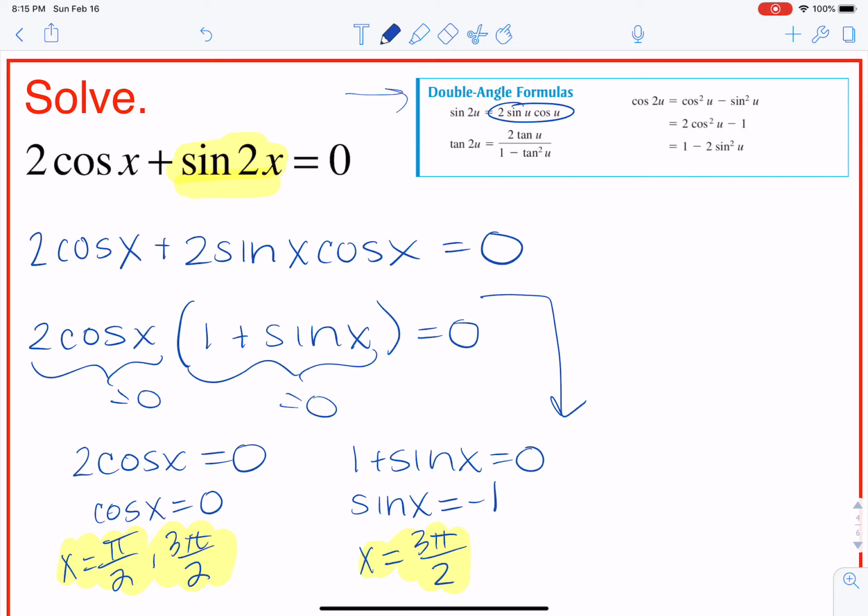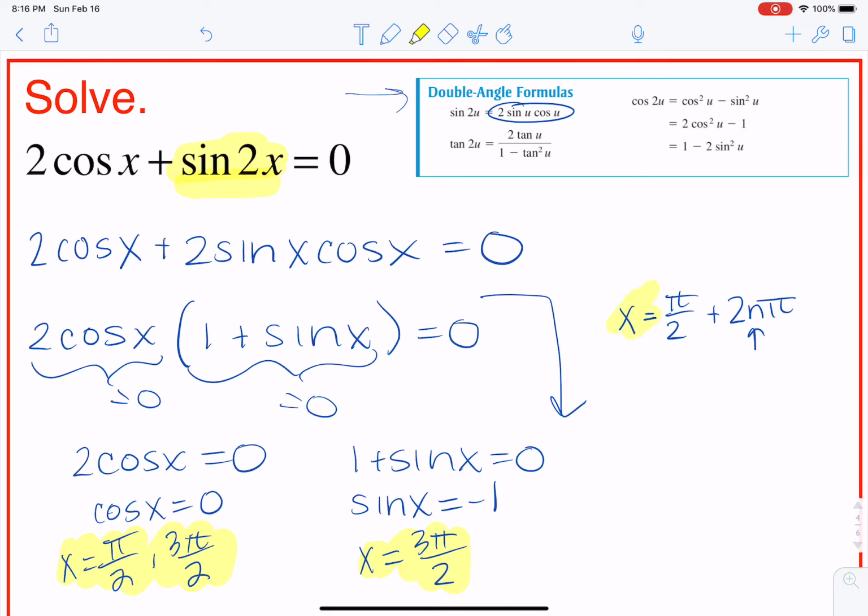So we say that we have a general solution where x is equal to pi over 2 plus 2n pi. This 2n pi means n can be any integer, and we can just keep adding 2 pi, so multiples of 2 pi.